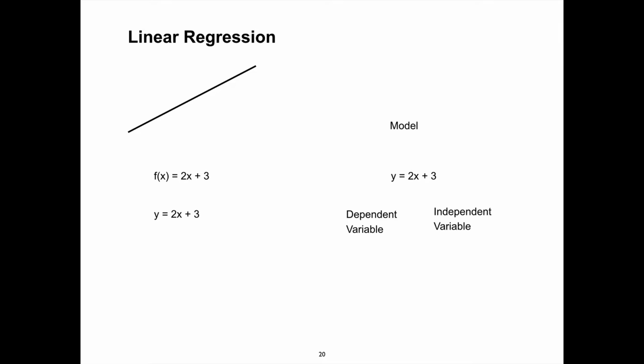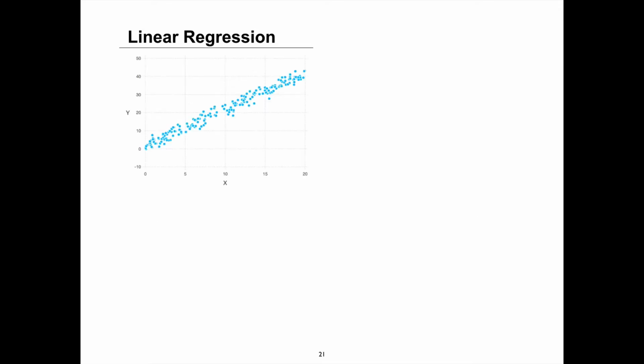I mean, it's just fancy terms for we have an equation, right? But the problem is when you gather data, you don't get a straight line in the real world, right? Because there's noise, depending on what you're doing.